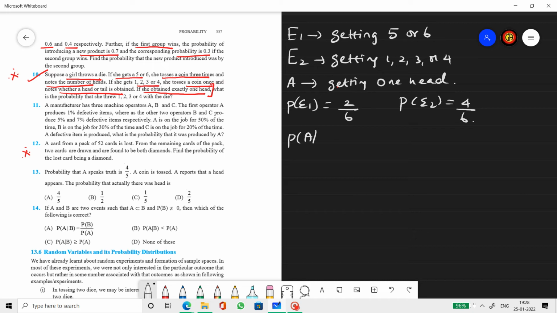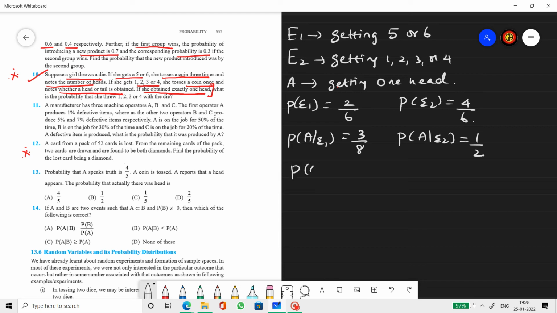A coin tossed 3 times gives 2 power 3, 8 events, like head, head, head, tail, tail, tail, head, head, tail, and so on. In that, what are the events in which we get only one head? Head TT, T head T, TT head. So therefore, 3 out of 8. P of A given E2 means she gets 1, 2, 3, 4 and then tosses a coin only once. So getting a head is 1 out of 2.